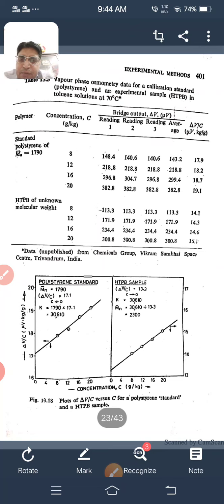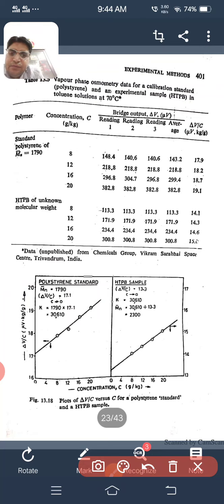And this is the plot for polystyrene standard and HTPB.